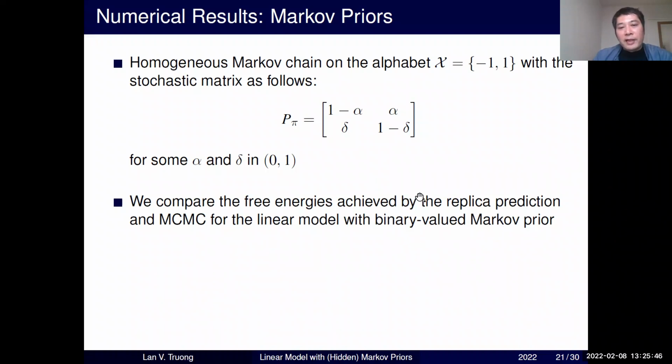The reason we only need to compare the free energy of our replica prediction and simulation, and not the MMSE, is that the MMSE and the free energy have a relationship: the MMSE equals the derivative of the free energy with respect to the signal-to-noise ratio. This means that if we obtain one, we can obtain the other.